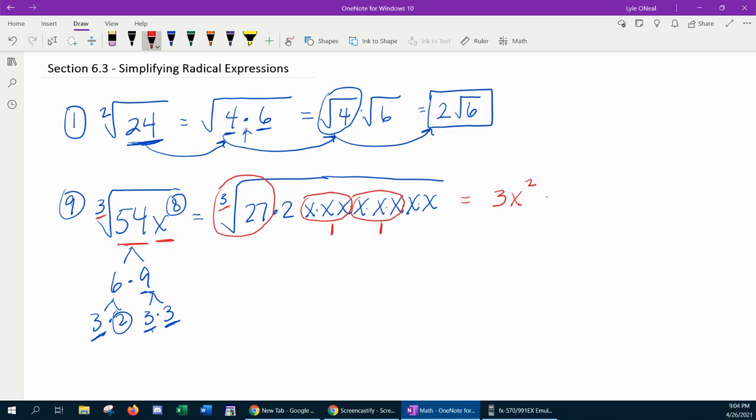And then, for the rest of the radical, I'm going to look at what's left over. So I have a 2 left over and 2 x's. So the remaining part of the answer is going to have a 2 and an x squared as the radicand, the stuff under the radical. And this would be simplified completely.